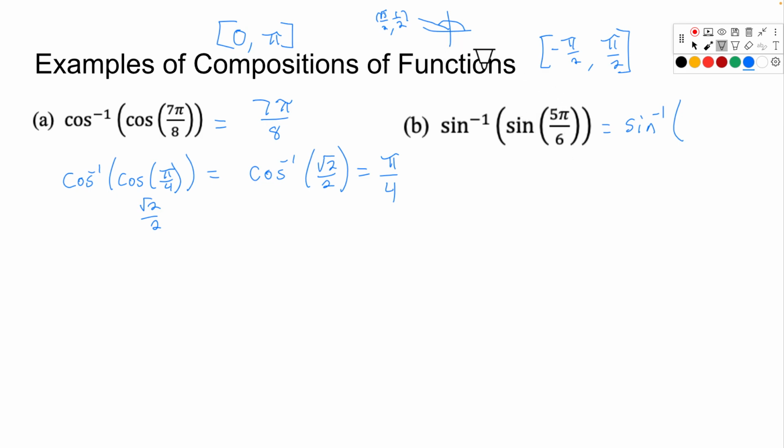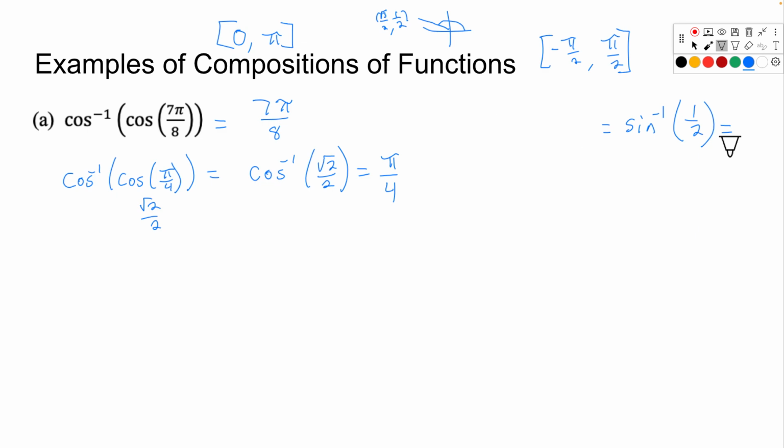Sine of 5 pi over 6 is 1/2, positive 1/2. Now we can find the inverse sine of positive 1/2. And where are we going to look that up? We're going to look that up in the first quadrant, where y is 1/2.